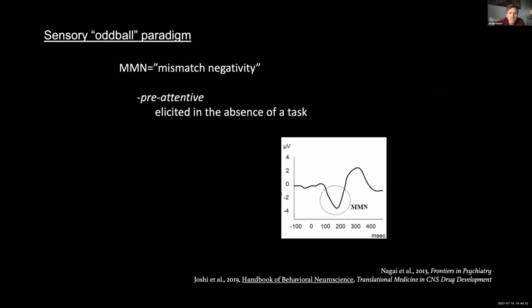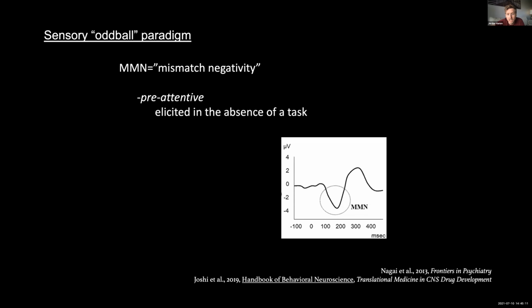The mismatch negativity, importantly, and my question during the first talk was motivated by this, is thought to be pre-attentive, in the sense that it's elicited in the absence of a task or directed attention to the stimuli.